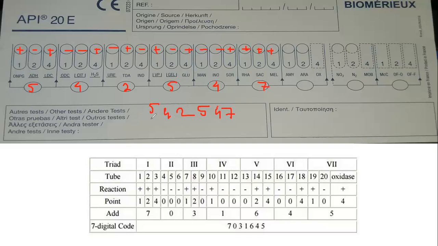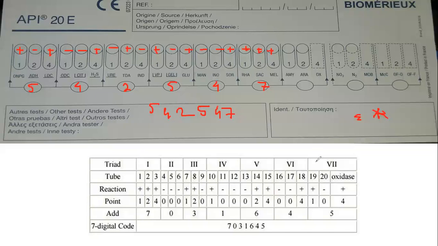If your code matches the code present in the booklet, you just write here: this is my bacteria. You write its name, and that is your bacteria. I hope you have understood what all this means.